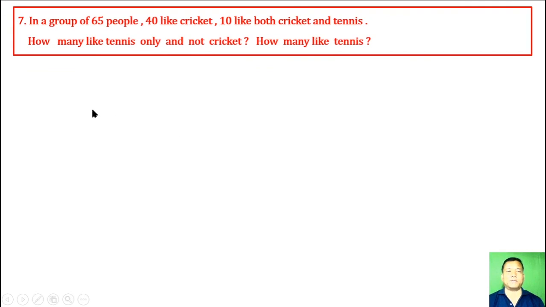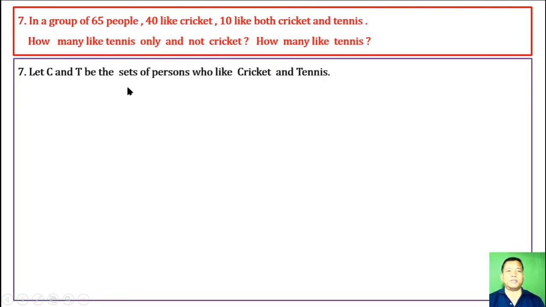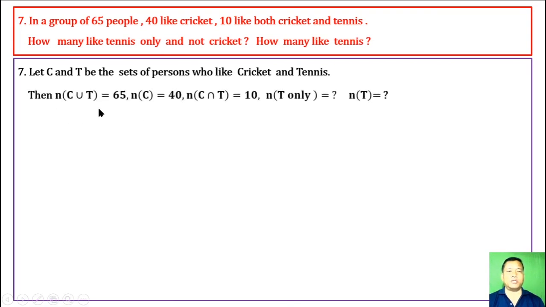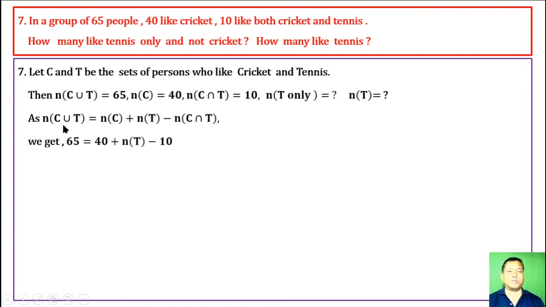Let C and T be the sets of persons who like cricket and tennis respectively. Then n(C ∪ T) is 65, n(C) is 40, n(C ∩ T) is 10, n(T) is to be found. As n(C ∪ T) = n(C) + n(T) − n(C ∩ T), using this formula we have n(T) is 35.